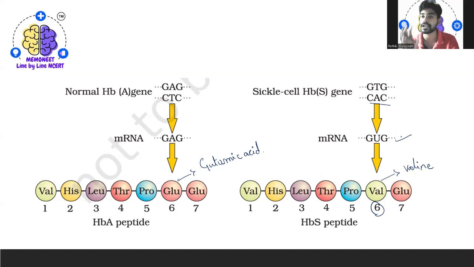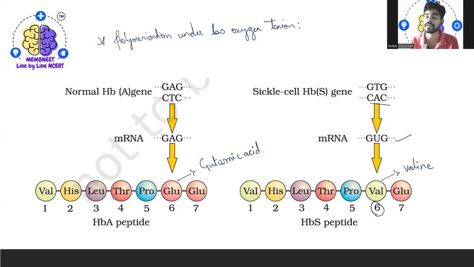As a result, what happens? The mutant hemoglobin molecules undergo polymerization under low oxygen tension, causing a change in the shape of the RBC.